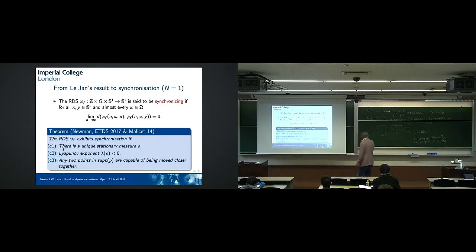If you have these three conditions, then you have a result of synchronization: for almost every omega and every pair of points x and y, the distance between those time evolutions eventually goes to 0.